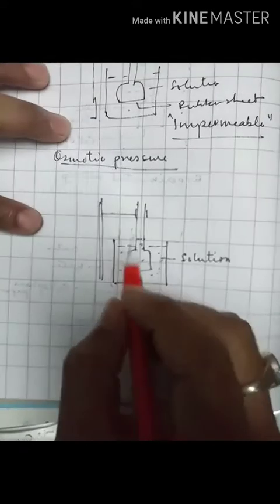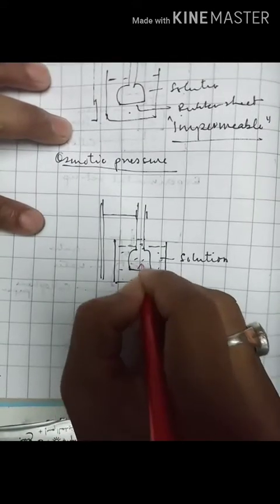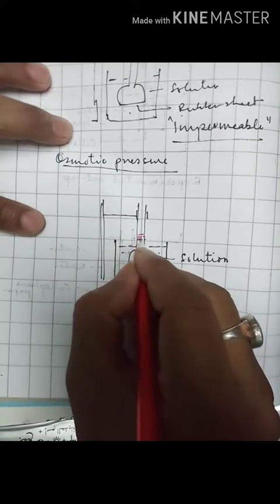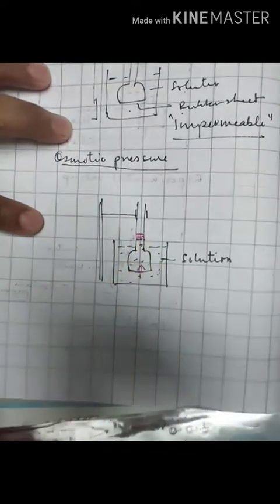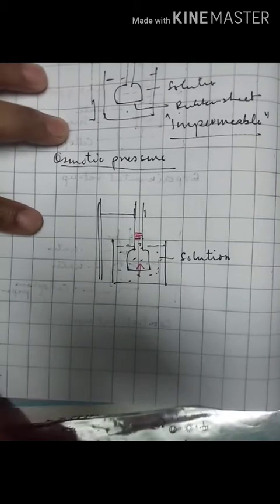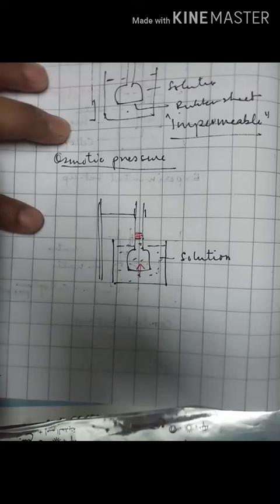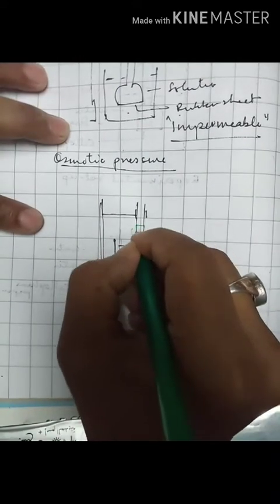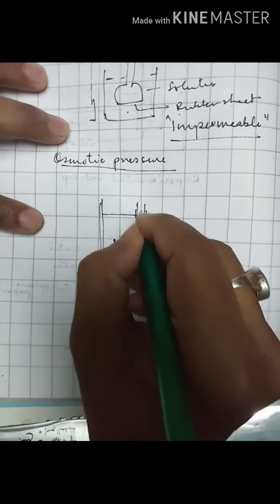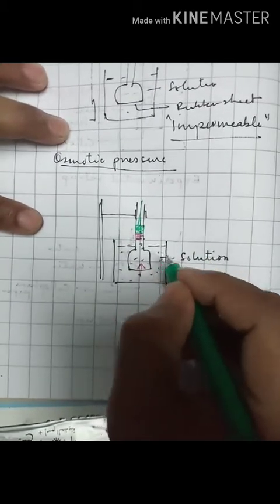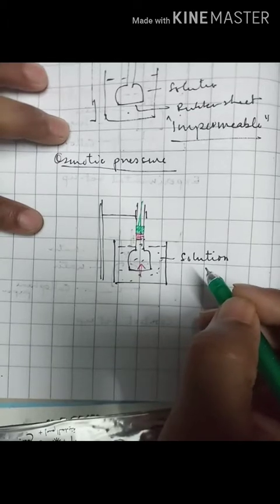After some time, endosmosis takes place and the level of water rises. But we can stop further osmosis. But how? If we insert a piston, this piston can stop further osmosis.